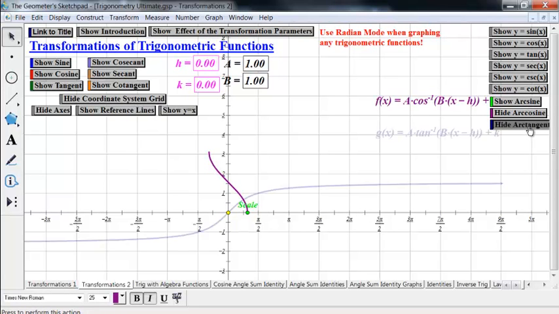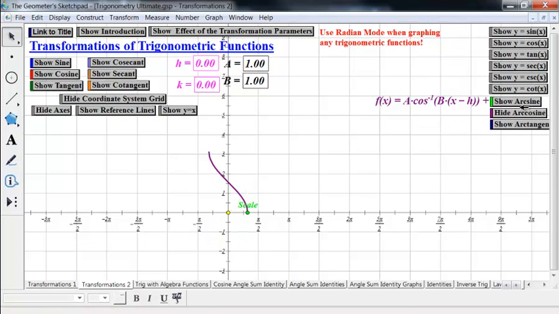There's arc cosine and there's arc tangent, and so we can play a little transformation game like we did with our other functions on this particular sheet here as well.